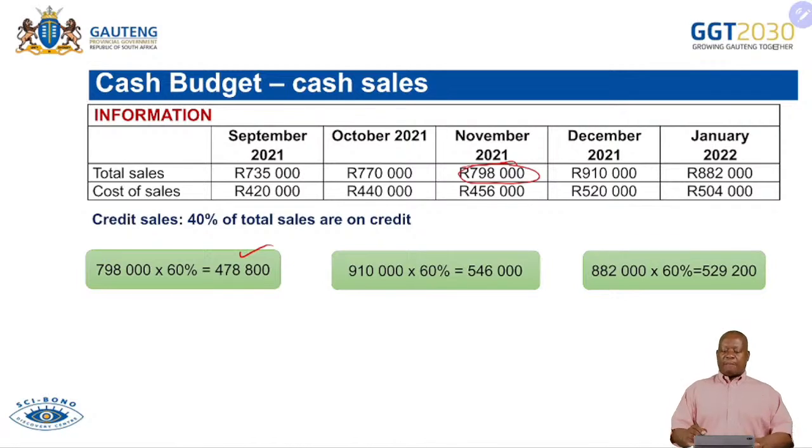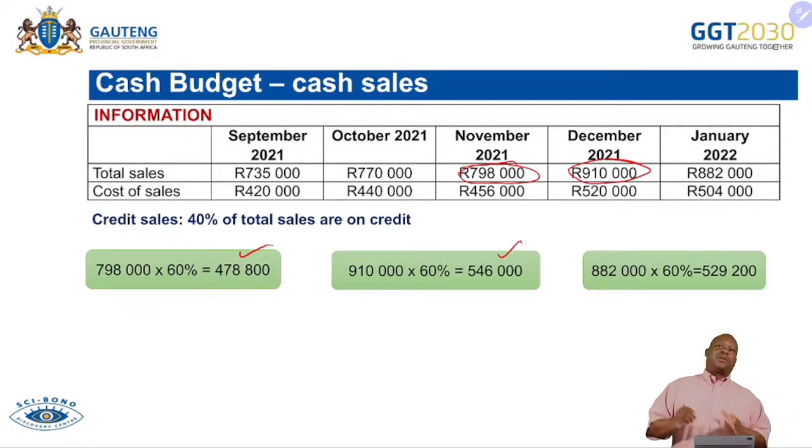We get to December. We are taking 910,000. And we are just finding 60% of that. There we are. These are the cash sales for the month of December. And then we go to January, we are taking 882,000 and finding 60% of that. Please check. We have got our 529,200.